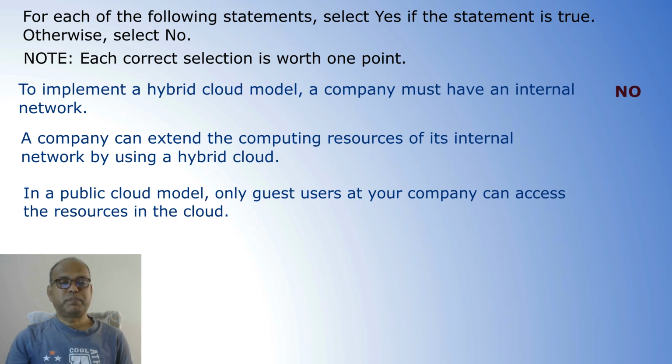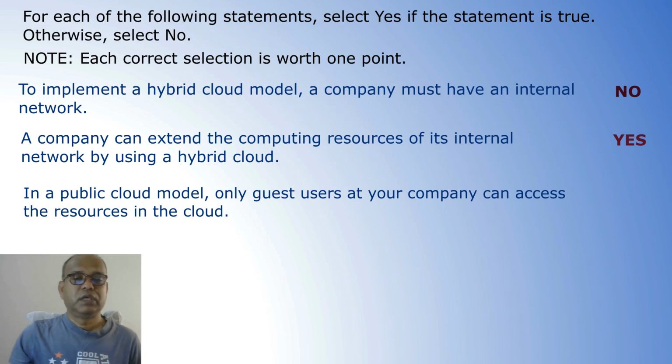In the second statement, this is true because it is possible to extend the computing resources of its internal network by using a hybrid cloud. When you need more resources, rather than pay out for new on-premises infrastructure, you can configure a cloud environment and connect your on-premises network to the cloud environment by using a VPN.